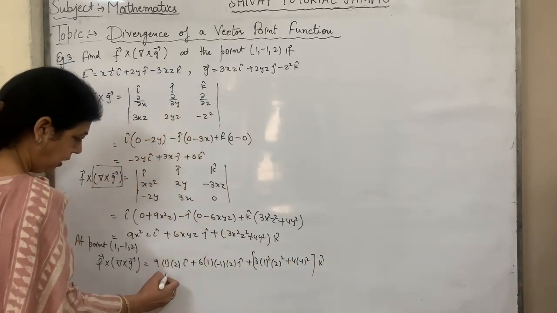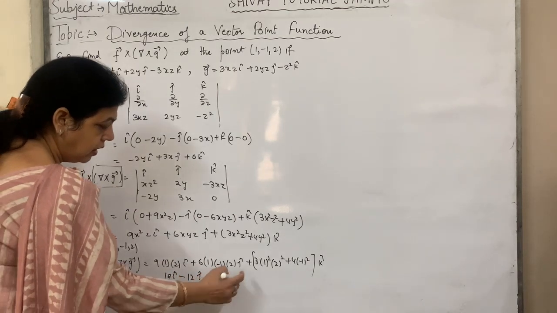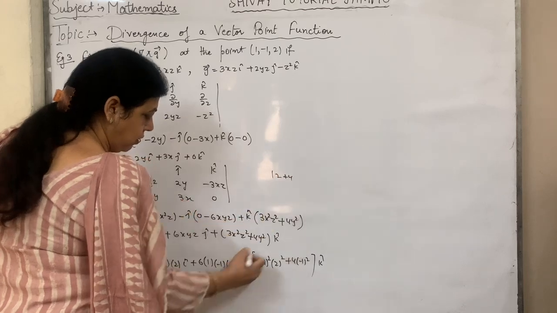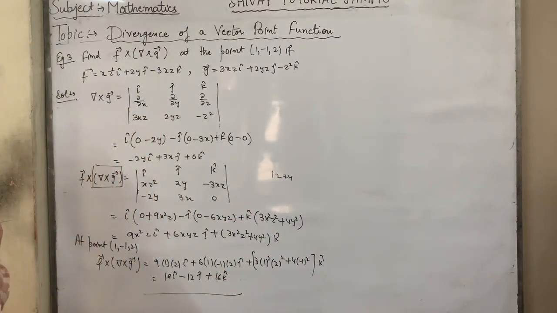It will become 18i minus 12j, 4 threes are 12, plus 4, 16k. This will be your answer.